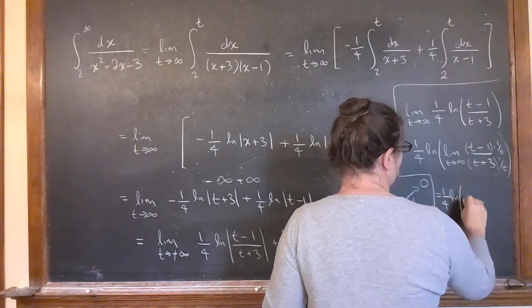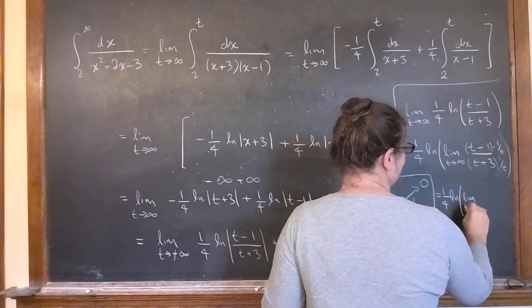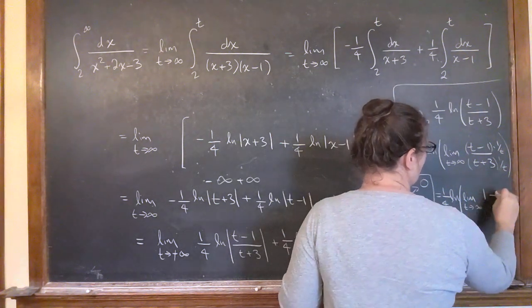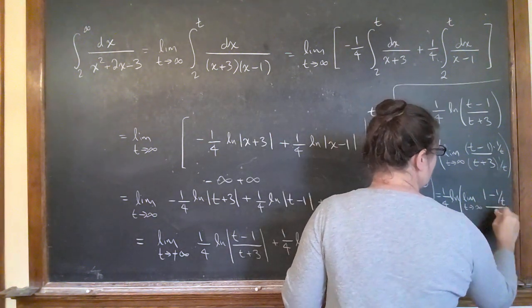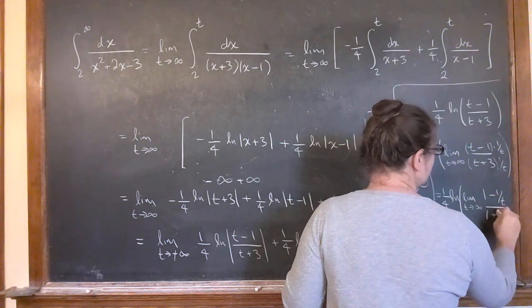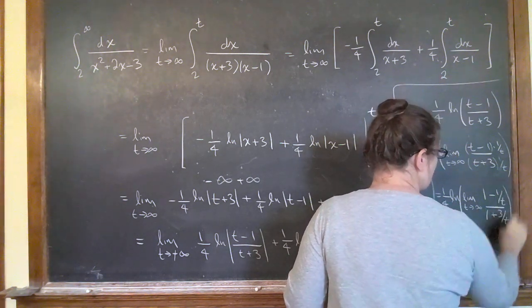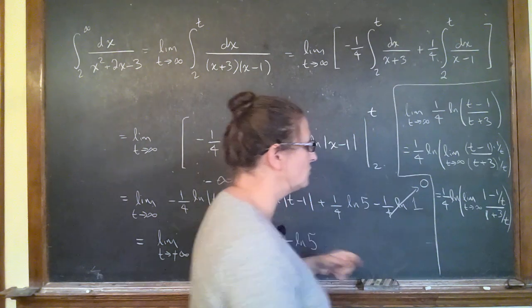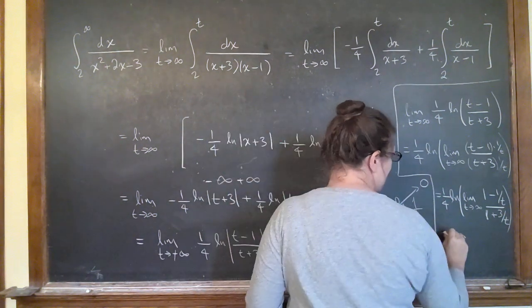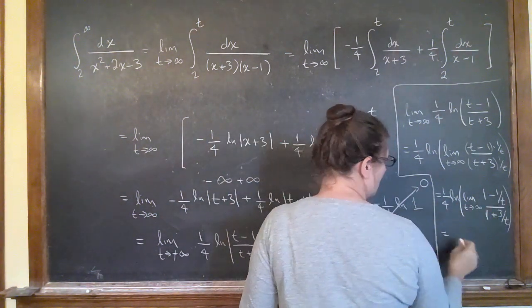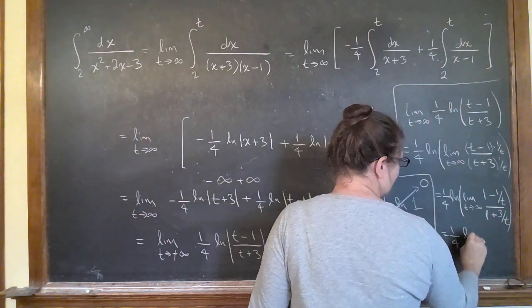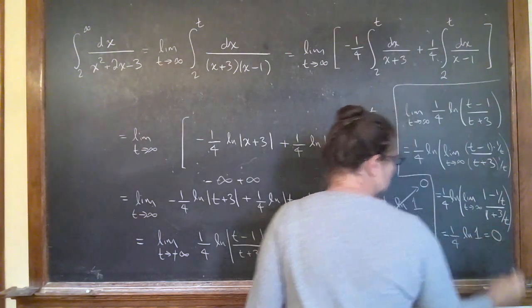1/4 natural log, I'm stuck here, limit as t goes to infinity of (1 minus 1 over t) over (1 plus 3 over t), right? So that's just going to be 1 as I take the limit because these guys go to 0. So this is 1/4 natural log of 1, which is just 0.